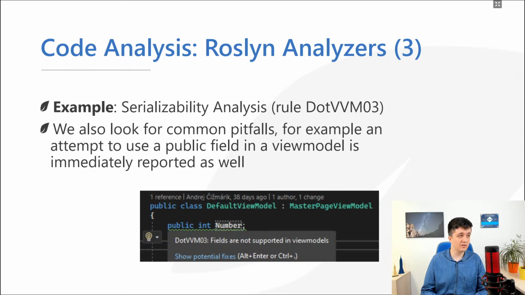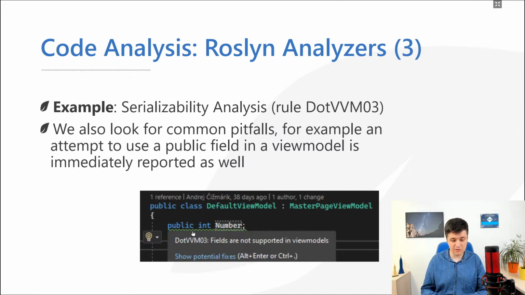For example, you can use private read-only fields if you need to inject a dependency, or some static fields, for example a constant. But writing a public field suggests that the user maybe wanted it to get serialized, and that is not supported. So as you can see in the example below, we also issue a warning for this.